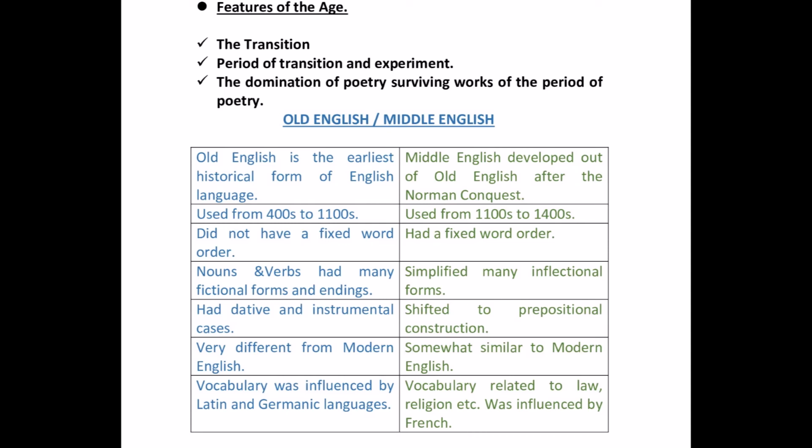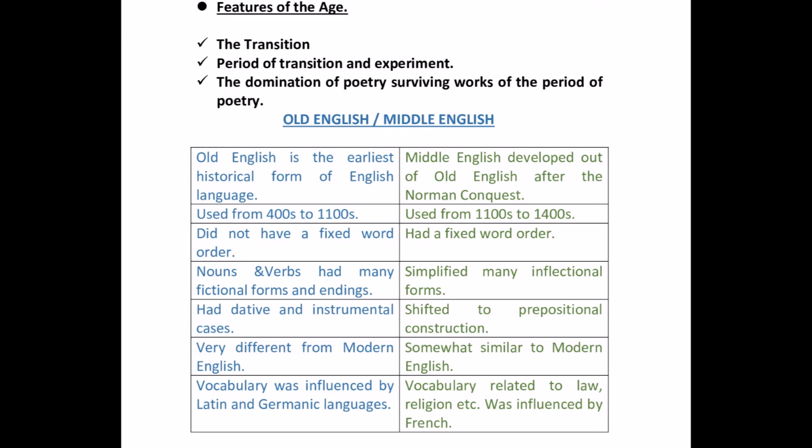First one is, Old English is the earliest historical form of the English language, while Middle English developed out of Old English after the Norman conquest. Old English was used from 400 to 1100, while Middle English was used from 1100 to 1400.